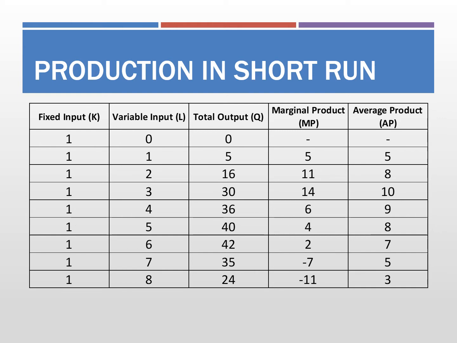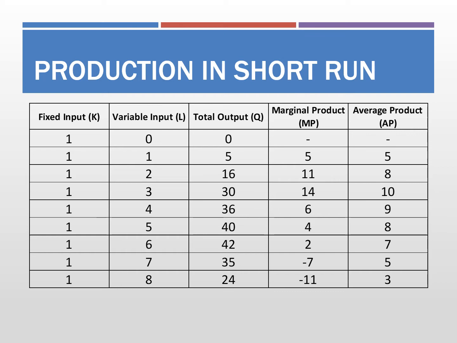The marginal product column is calculated by the change in the quantity of output divided by the change in the quantity of input, labor. The marginal product involves a little more calculation, because calculating the average product is easy in this case.